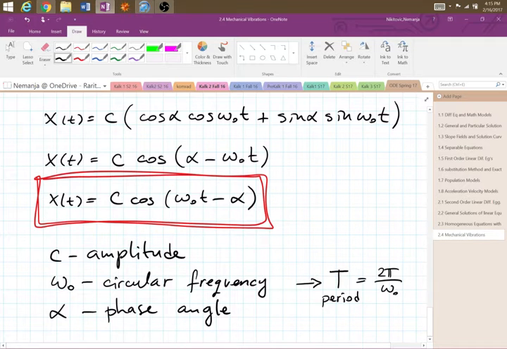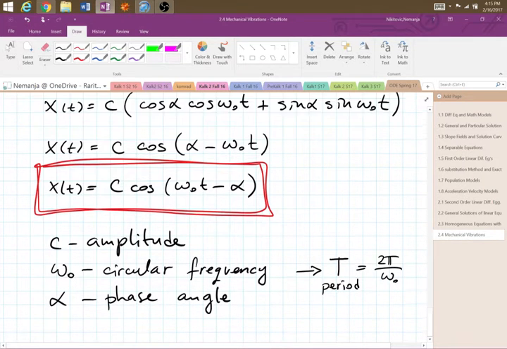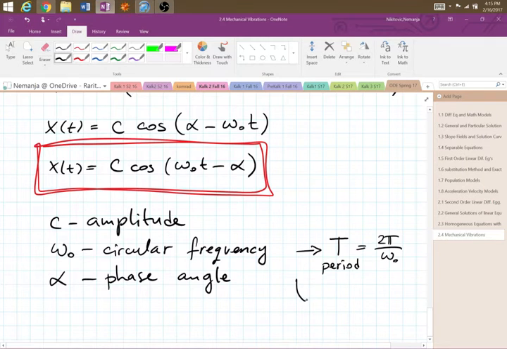Now you can find the frequency from there, which is, so the frequency nu, that's not a v, that's a nu from the Greek alphabet, which is 1 over period, which is omega 0 divided by 2 pi.